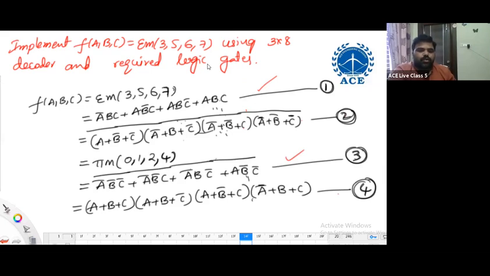Not required. When we are using a 3 to 8 decoder, for a 3 variable function, the 3 variables can be connected to the inputs. Don't get confused. Observe correctly.